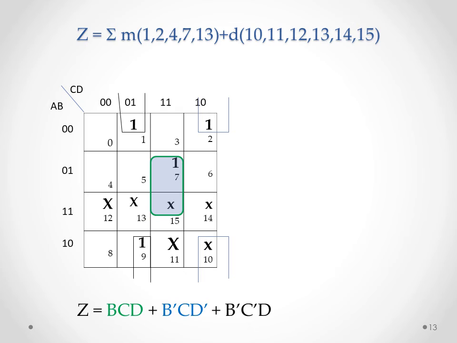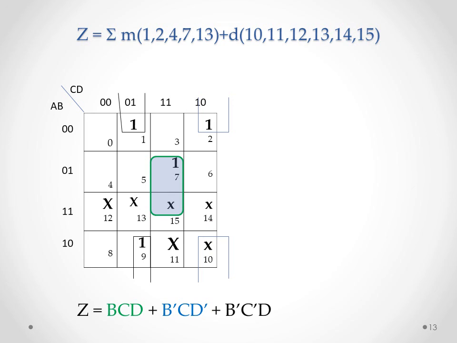This is the sum of minterm expression for output Z. Now we place 1s in the cells and start grouping. These two ones are grouped into one 2-cell grouping, and these two ones are grouped into another 2-cell grouping, and this one is combined with this one.